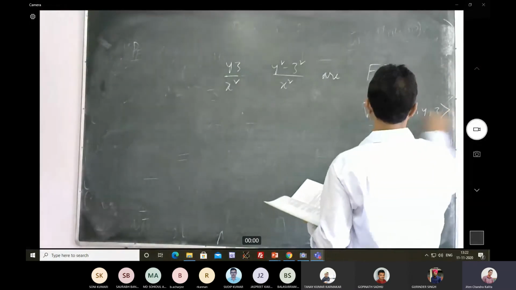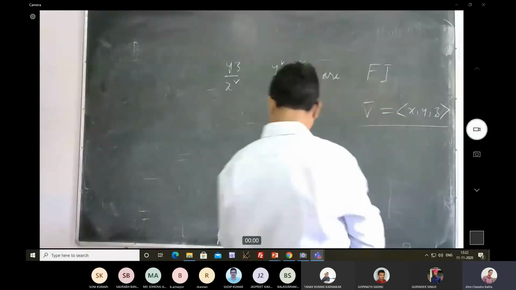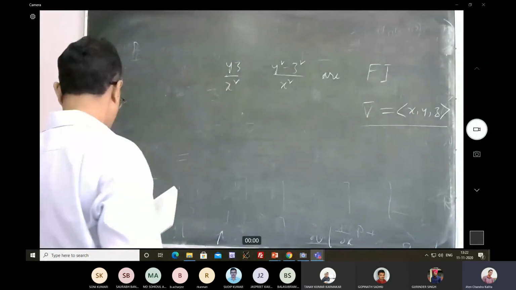Independent first integrals of V. Here they are using some other V in this. I think there's a printing mistake here. That is why I got a bit confused.